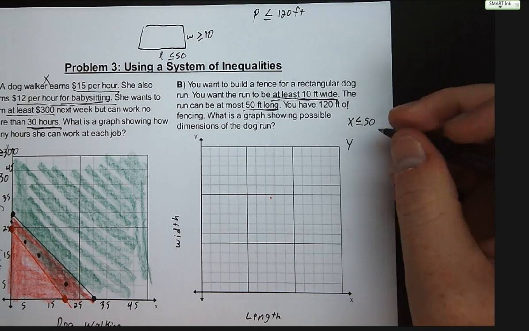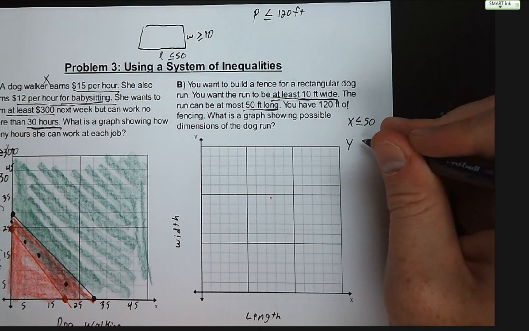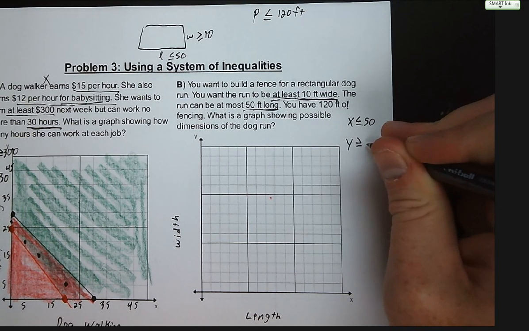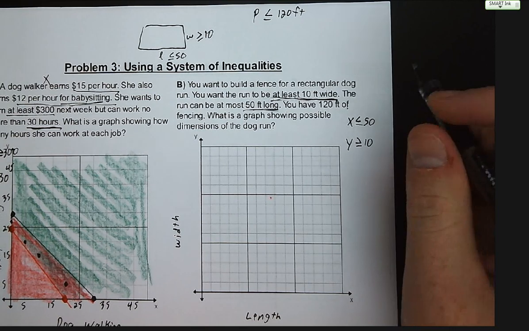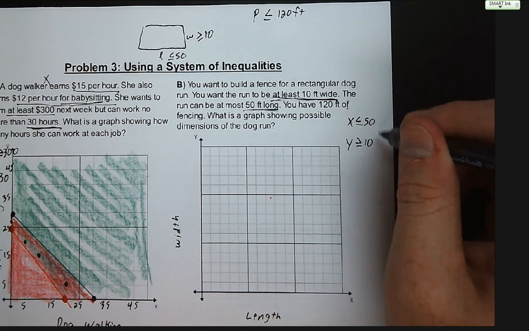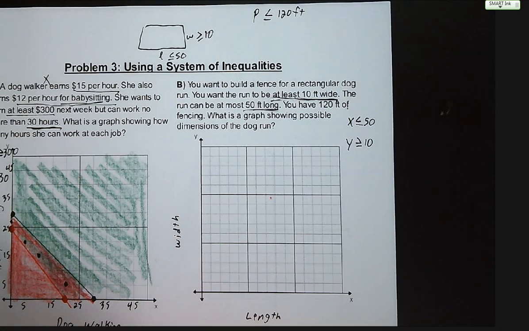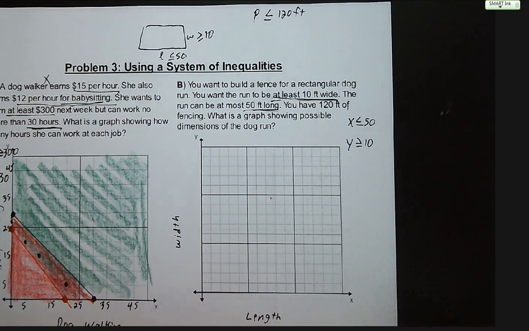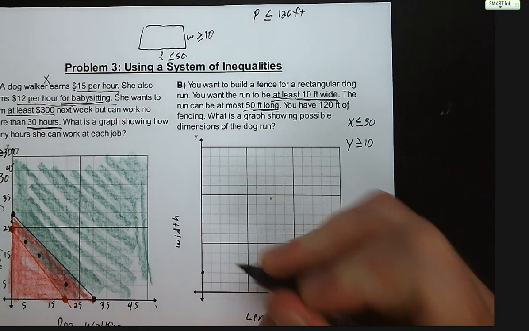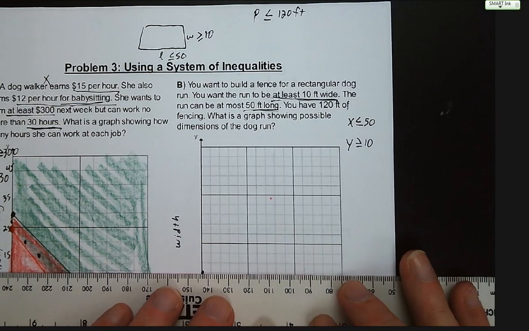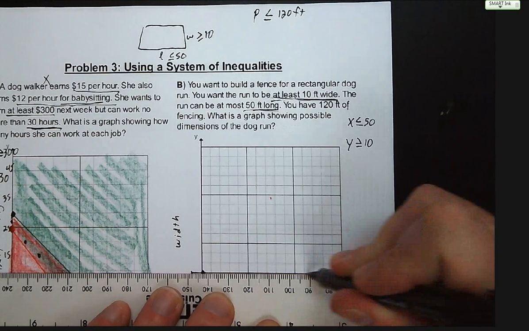Our width is going to be at least 10 feet. So we've got 2 equations right there. Well, let's graph those right away. Y is greater than or equal to 10, so we have a point at 10. And it's greater than or equal to, so it's a solid line.